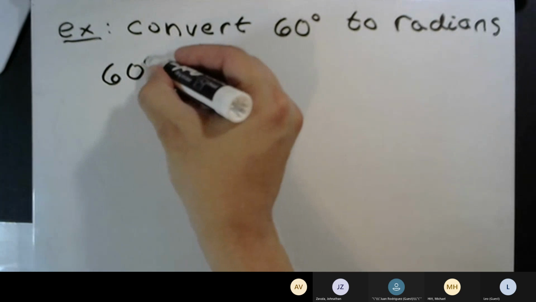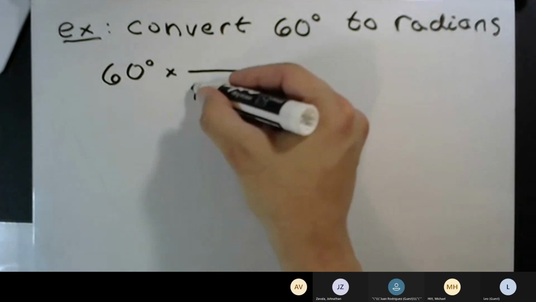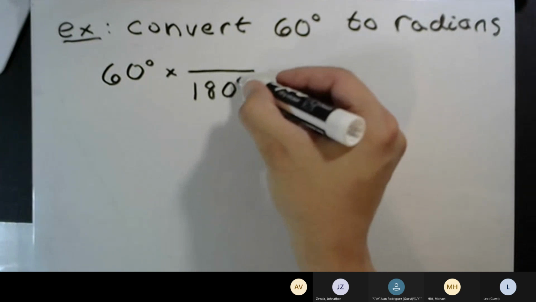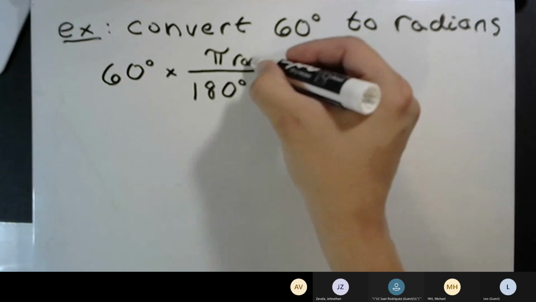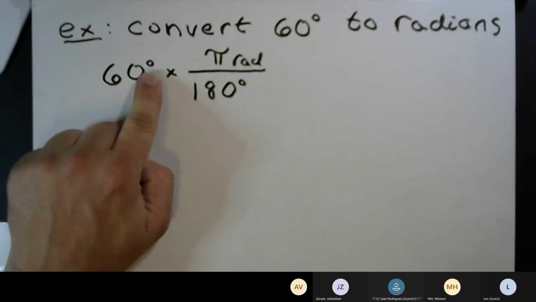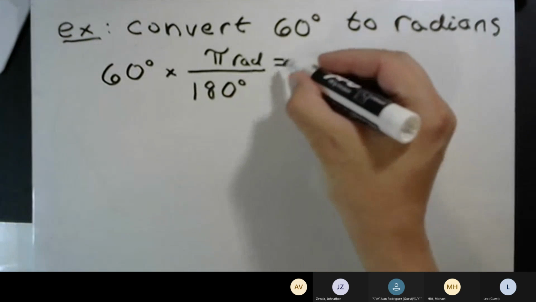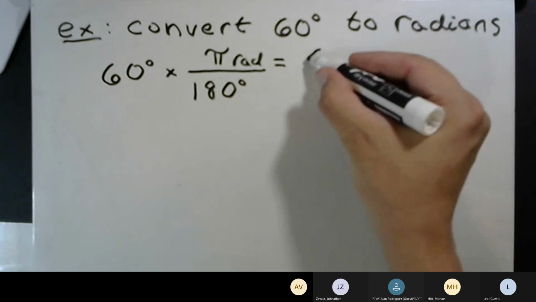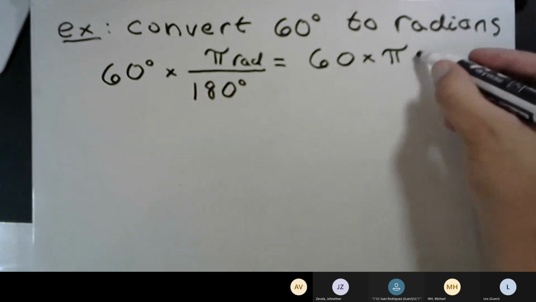We have 60 degrees times, we want degrees to cancel, so you have 180 degrees on the bottom, pi radians on top. Degrees on top, degrees on bottom, that means degrees are going to cancel. So we have 60 times pi radians.